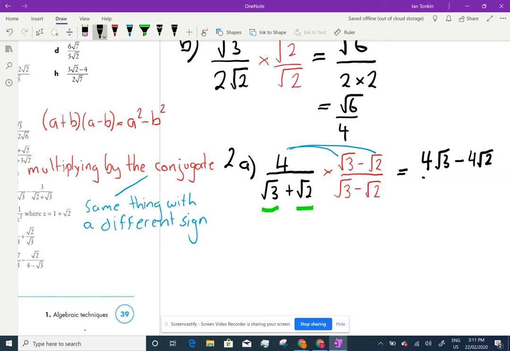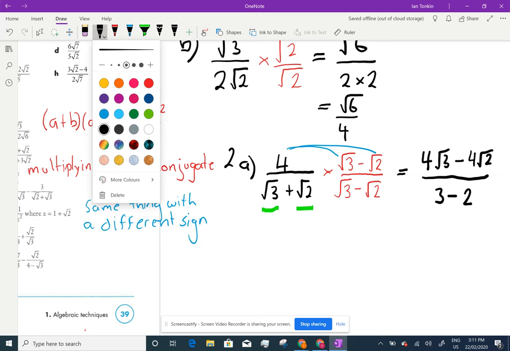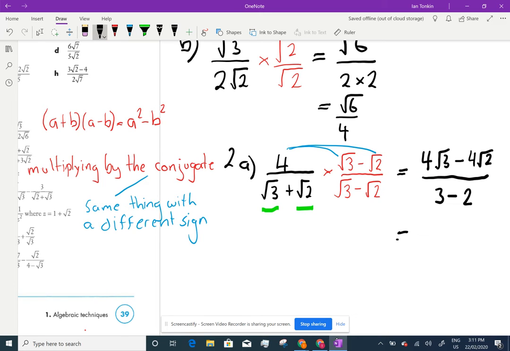Well, root 3 squared is 3 minus root 2 squared is 2. And when you look at that, 3 minus 2 equals 1. And we all know that when we divide by 1, we don't need to write it. So it just becomes 4 root 3 minus 4 root 2. And that one worked out really easy.